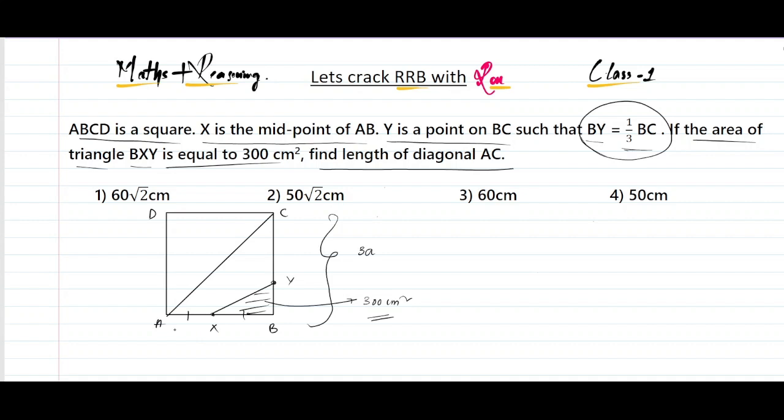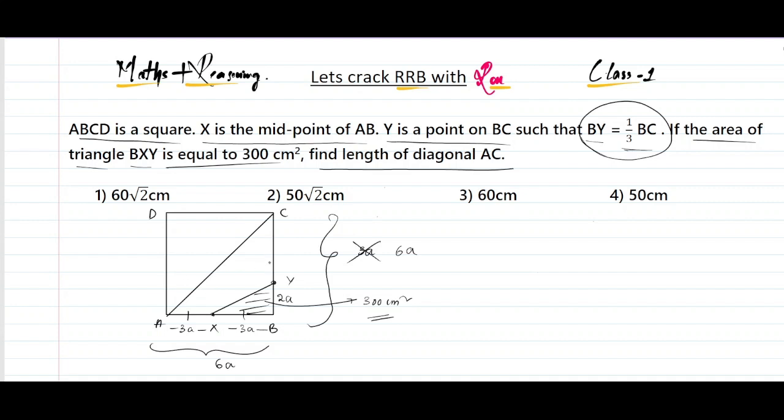So I'll get a decimal. In order to not get a decimal, instead of 3A, I'll take 6A. Okay, I'll take BC length as 6A. BY is 1/3 of BC, so BY will become 2A. Now AB length, all sides are equal, so this will become 6A. X is midpoint, so AX will be 3A and XB will become 3A.